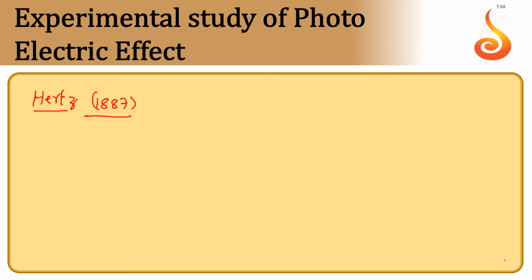When he was demonstrating an experiment for identifying the electromagnetic radiation, he found that when the electrodes were given a very huge potential difference, and when this experiment was exposed to ultraviolet light, he observed that high voltage sparks passed across the metal electrodes of the detector loop more easily when the cathode was illuminated by UV light.